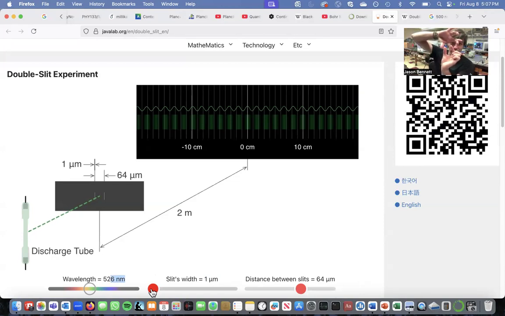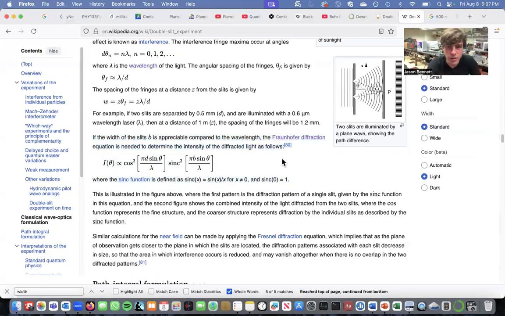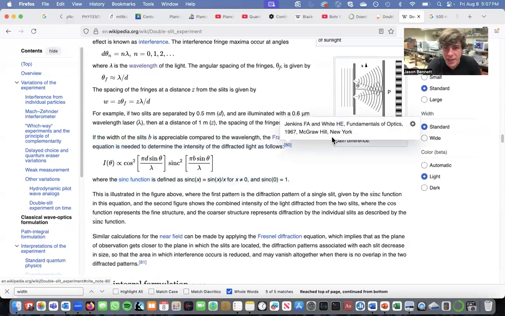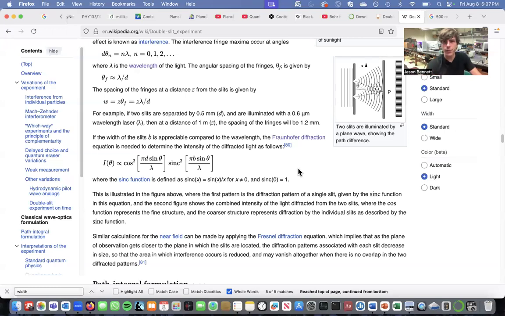So it doesn't have as many options as if the wavelength were that big and the slit was that big, where it would have all that room to move around. If you make the wavelength bigger or the slit smaller or bigger, there's a little bit weirder stuff going on. Like I said, if I look at this reference, yes, it's an optics textbook, so it's not something that we need to worry about.